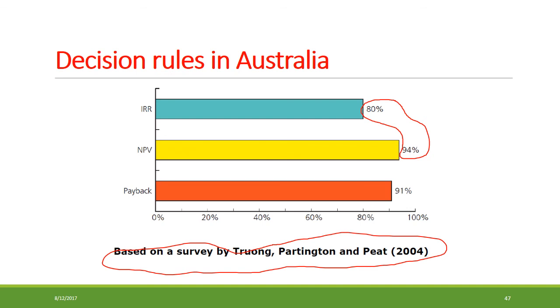In Australia, about 94% of the firms use the NPV method, and about 80% use the IRR method. We also see a very high popularity of the payback period, where 91% of the respondents say that their firm uses the payback period.